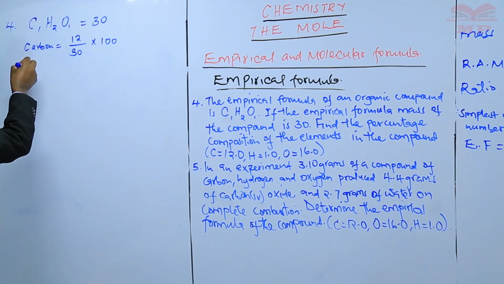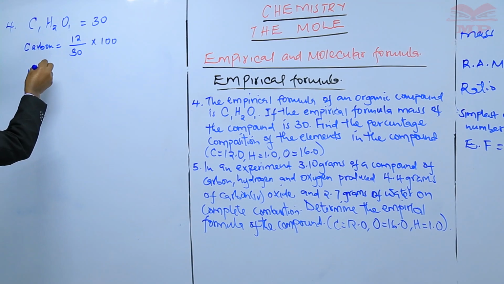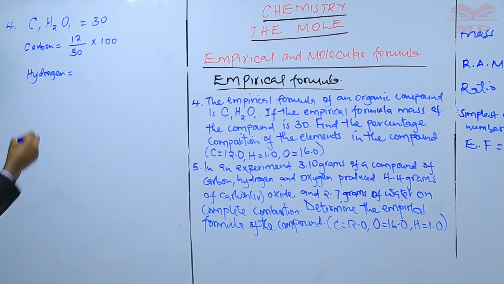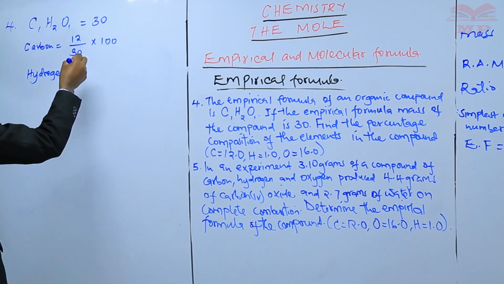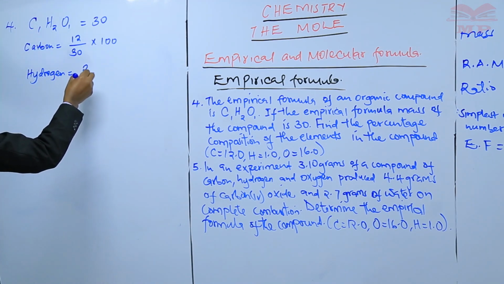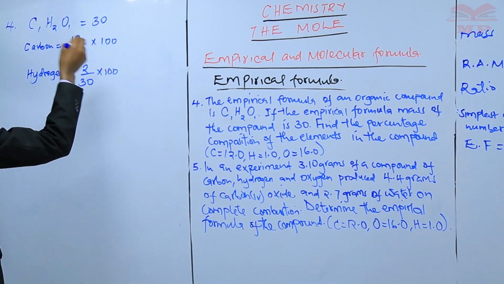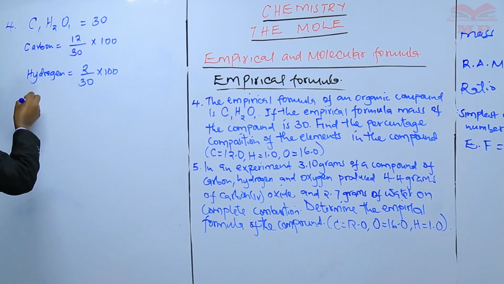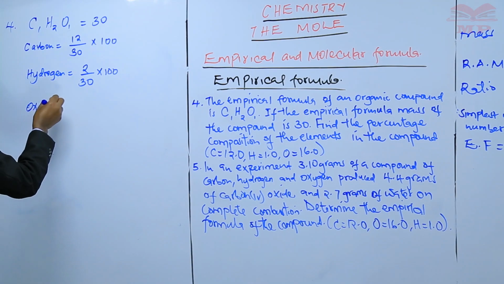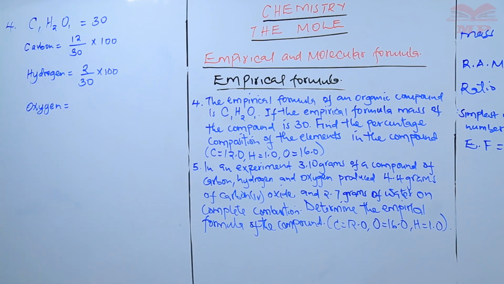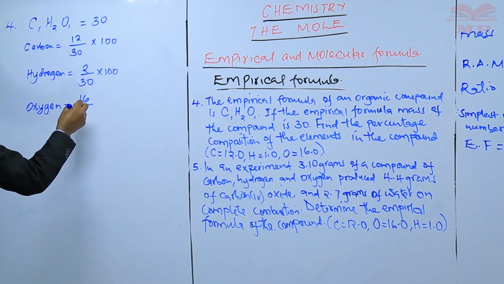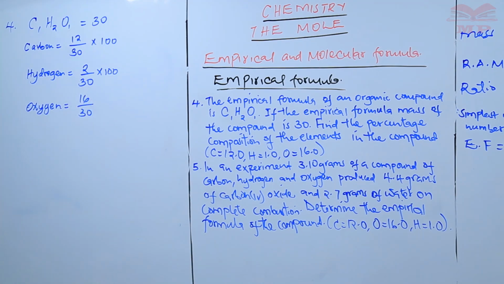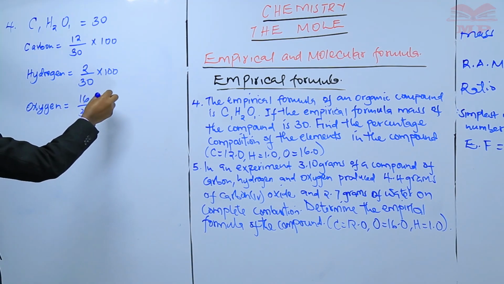Then the percentage of hydrogen will be, the hydrogen has a mass of 1, but there are 2 atoms of hydrogen, then it will be 2 divided by 30, then you multiply by 100. And lastly, it is oxygen. The relative atomic mass of oxygen is 16. You divide by the relative formula mass, which is 30, and multiply by 100.